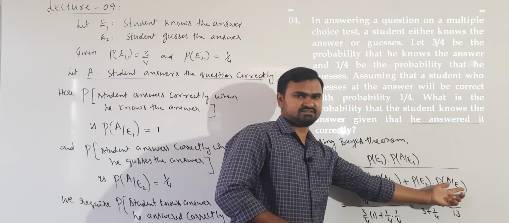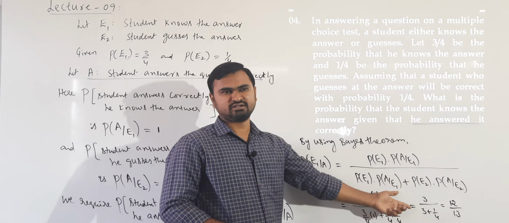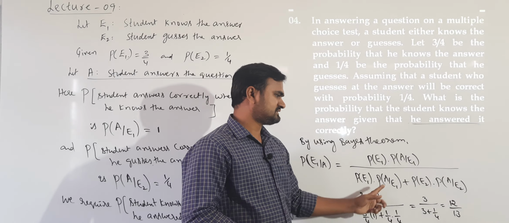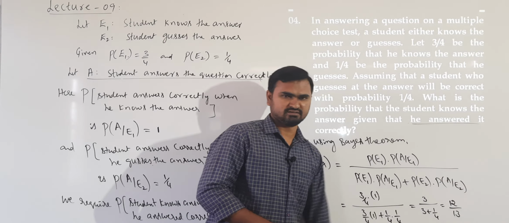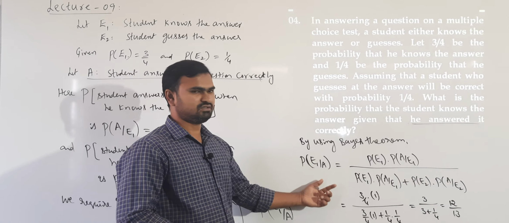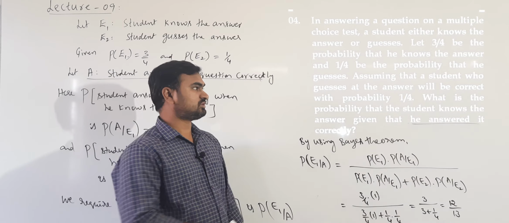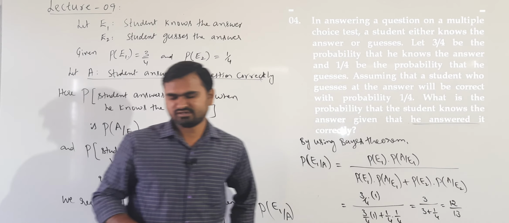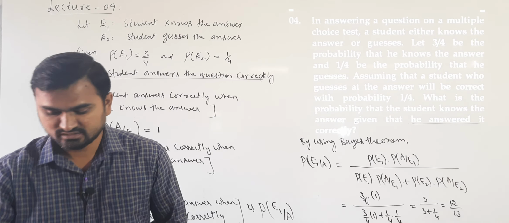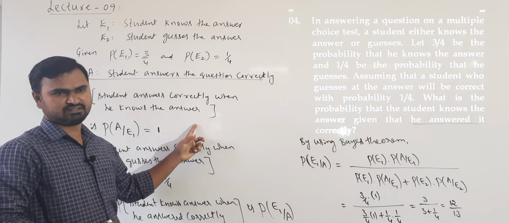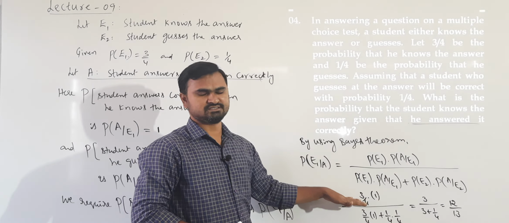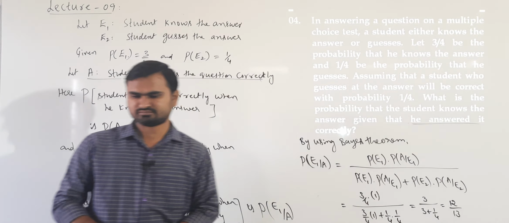If there are three cases, we write the total probability in the denominator, and out of the three, whichever we are interested in, we write in the numerator. Okay. So this is how we apply the Bayes theorem. The problem may be lengthy, but if you understand it correctly and follow the notations, all the notations should be correct, then we can write the answer easily. Understand? Right.